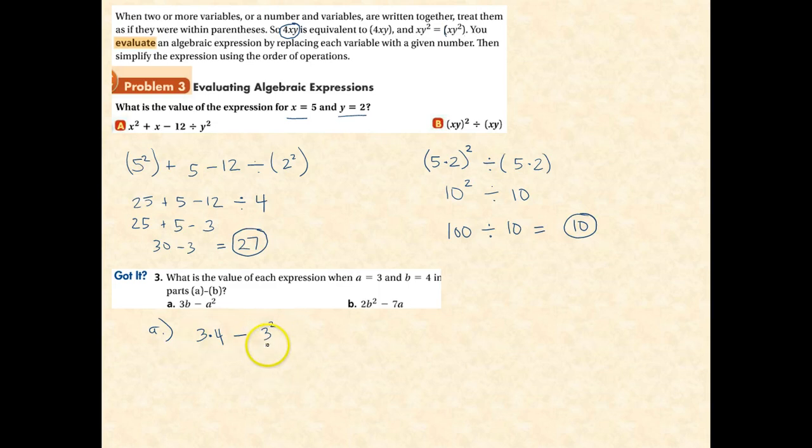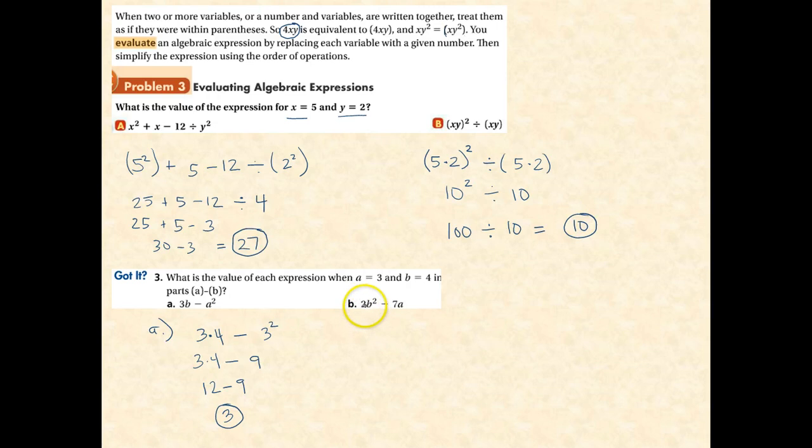No grouping symbols. Next is powers. So 3 times 4 minus 3 squared, where 3 squared means 3 times itself twice. 3 times 3 is 9. No more powers, so now multiplication and division. I have multiplication. 3 times 4 is 12. And now subtraction is the only thing left. 12 minus 9 is 3.